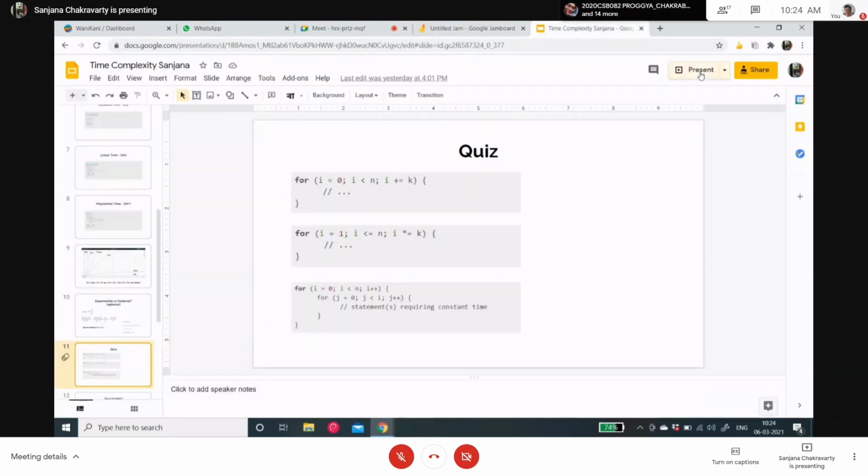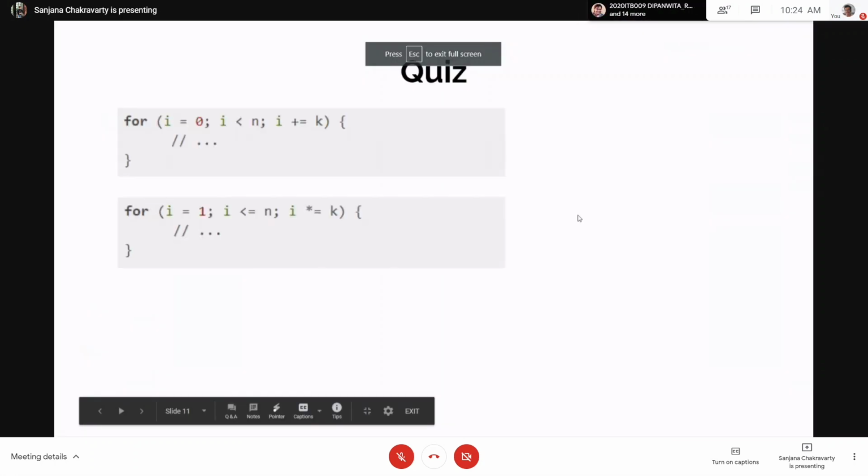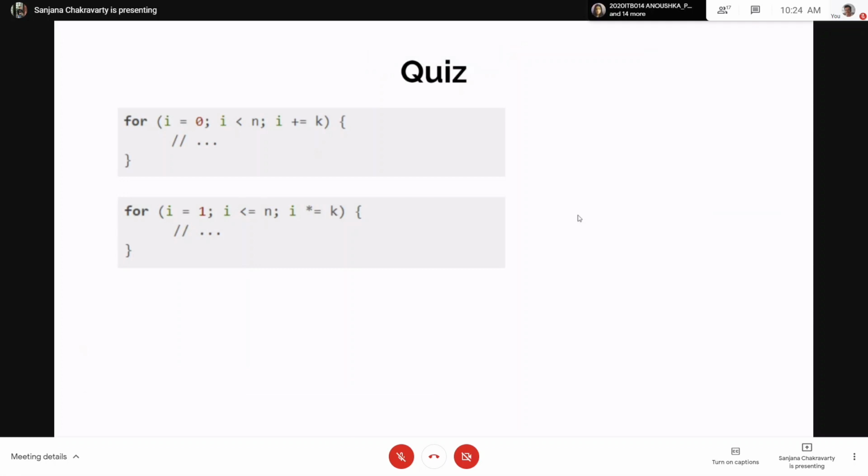Let's move on. Now, second one, in terms of n and k, please. Let's see what the complexity is. This one might be a little difficult for first years if you're not that much into maths.